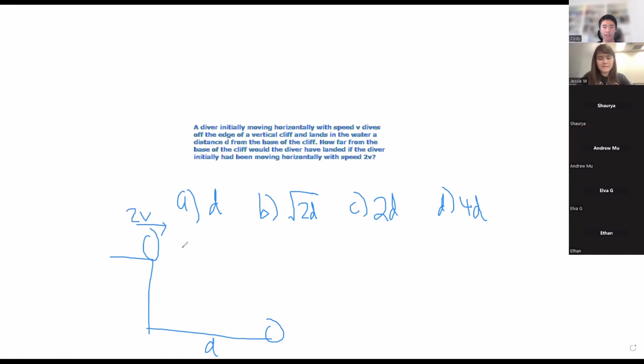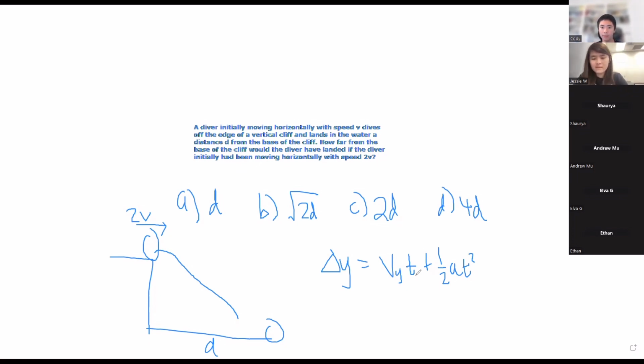Remember when we did the example projectile question earlier, when we wrote out delta y equals v_y t plus 1/2 at squared? We did this to solve for time, and then from there we plugged into the other equation.